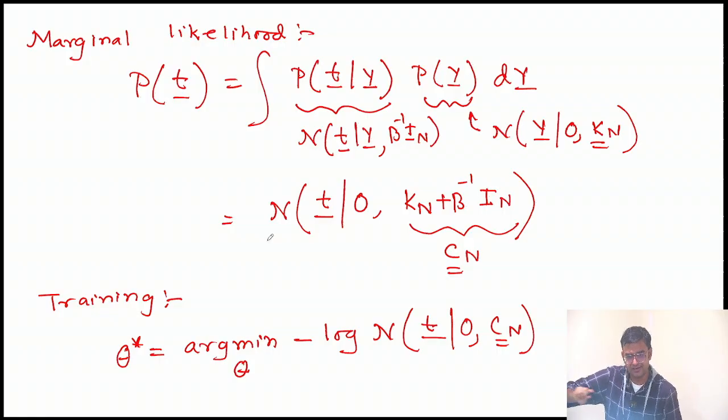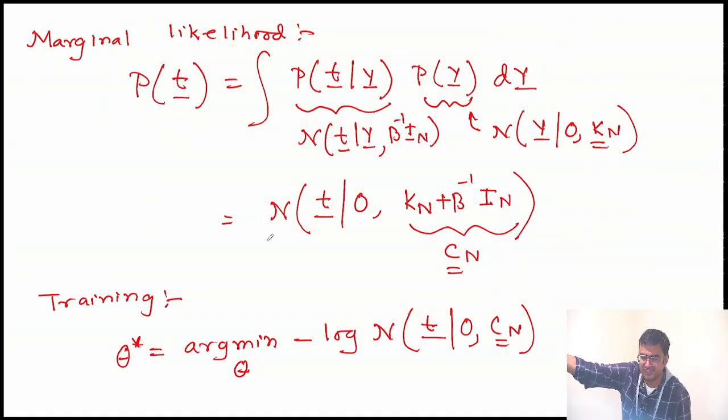So from here, I can extrapolate that instead of n points, if I had n plus 1 training data points, then this should have been Cn plus 1. If I had 2n training data points, then this should have been C2n. The structure would not change. It's having a consistent pattern.